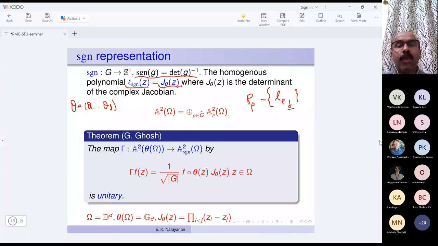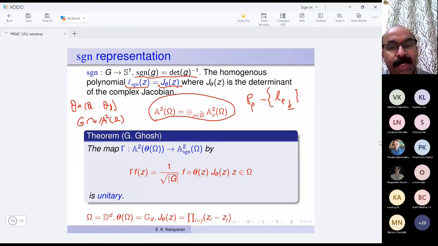So now let's look at the Bergman space. A2 is the Bergman space. G acts on omega, so G will act on A2 omega. And A2 omega is a Hilbert space, so it decomposes into an orthogonal direct sum of spaces A2 rho, where the subscript rho means just like R rho.